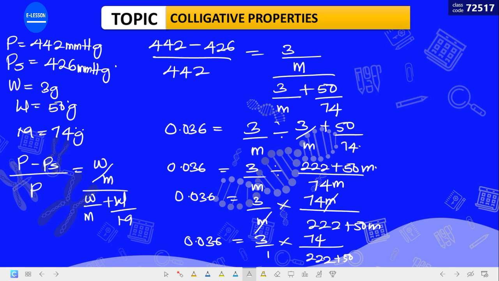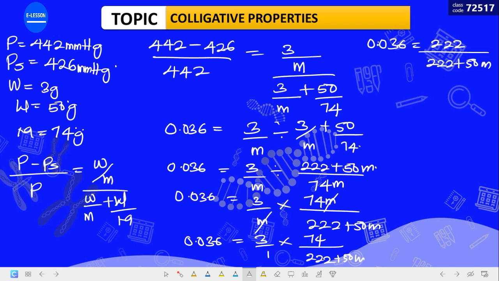Let me check. It also gave us 222. So 0.036 is equal to 222 divided by 222 plus 50M.